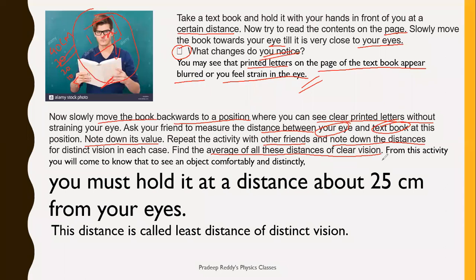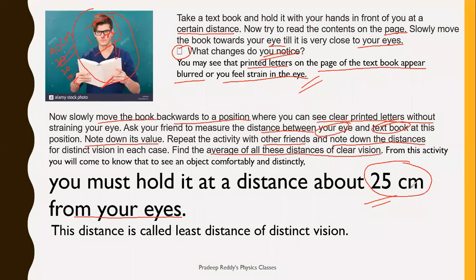From that activity you will see that you must hold it nearly at a distance of 25 centimeter from your eyes. So the minimum distance at which you are able to see clearly the alphabets present on the textbook is 25 centimeter.